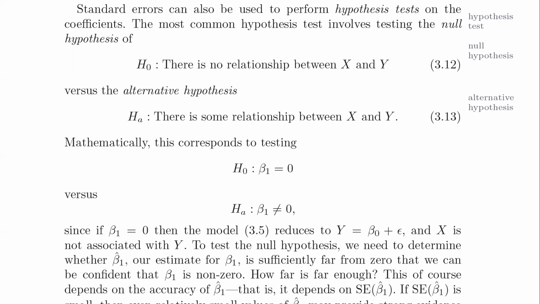Now, we pitch this hypothesis against the alternative hypothesis: there is some relationship between X and Y. This is typically very early on in the process of modeling. Do I have a variable that would appear to influence what I'm trying to predict?